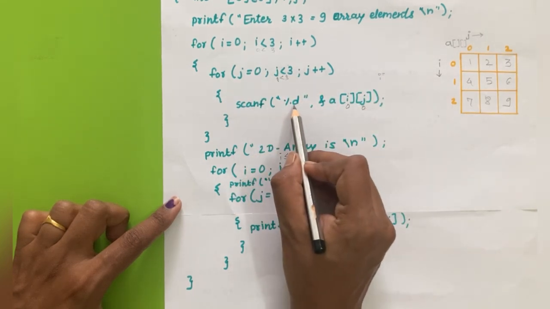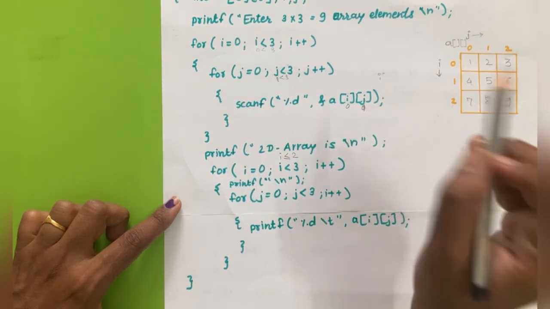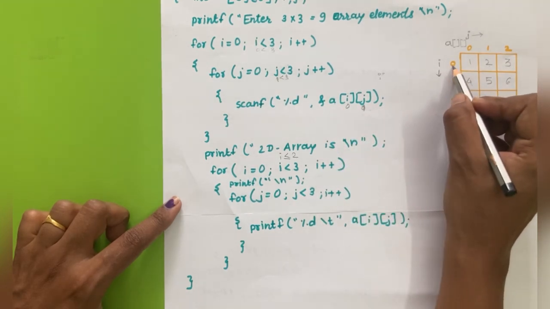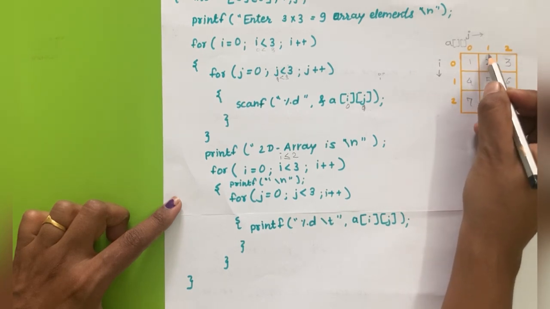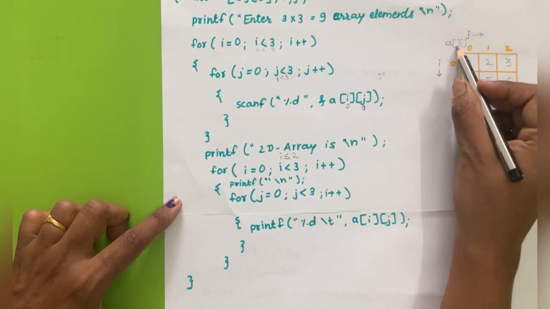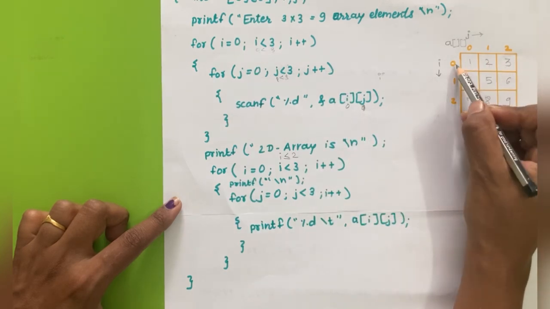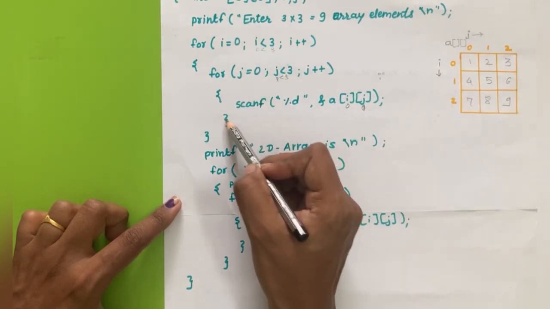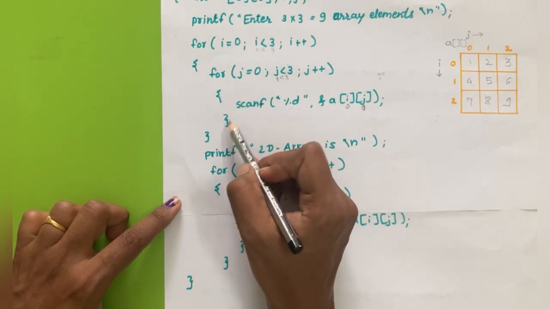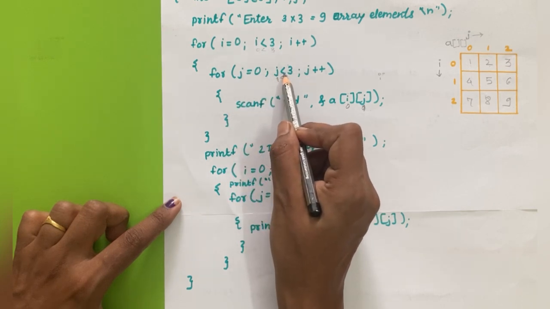So i is equal to 0 and j is equal to 1. scanf %d &a[0][1]. The next entered element will be put at the location a[0][1]. Then the next element will be placed at a[0][2], after which the iteration completes. Next, the value of j will be 3, so it will check the condition 3 less than 3.